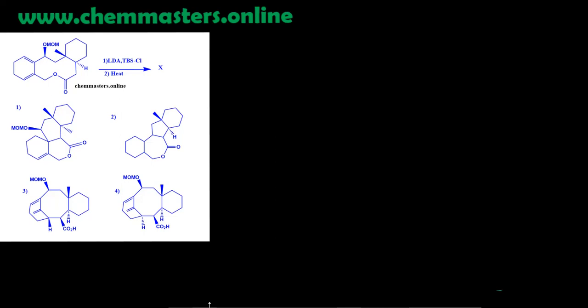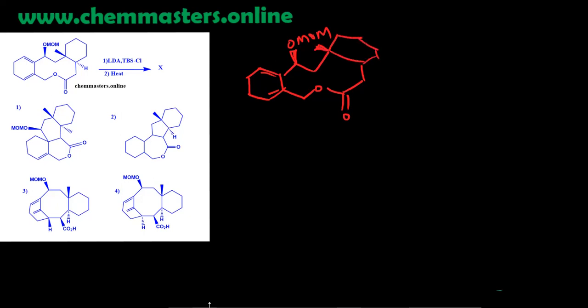Now just come to analyzing this challenging question. So I'm going to draw the given reactant. Here the hydroxy group is protected with MOM. Here is the methyl group above the plane and here is the hydrogen which is given below the plane.